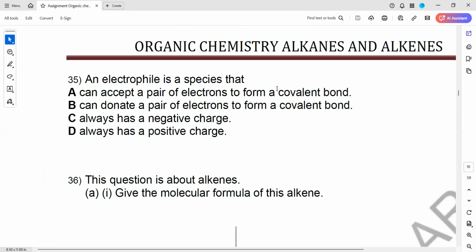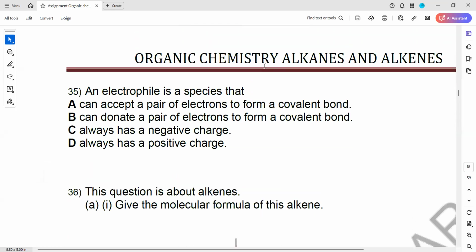Next, question 35. An electrophile is a species that, what is an electrophile? The term electrophile means they are attracted towards electrons. They are attracted towards the electron rich side, or they have a tendency to accept electrons. So which is the right answer? An electrophile can accept a pair of electrons to form a covalent bond.